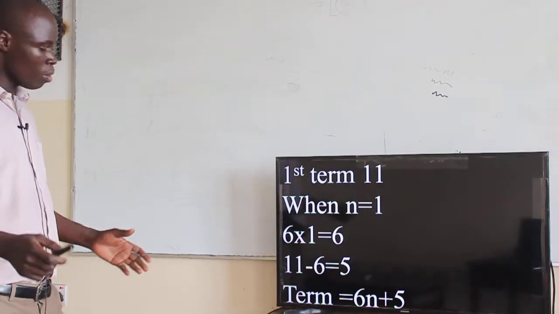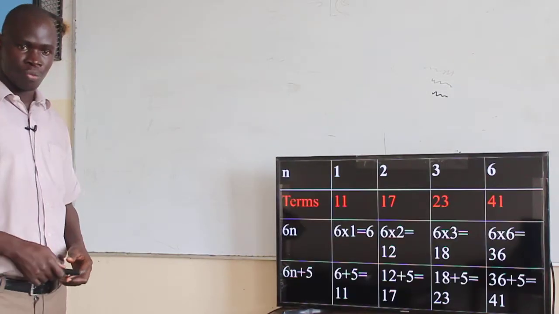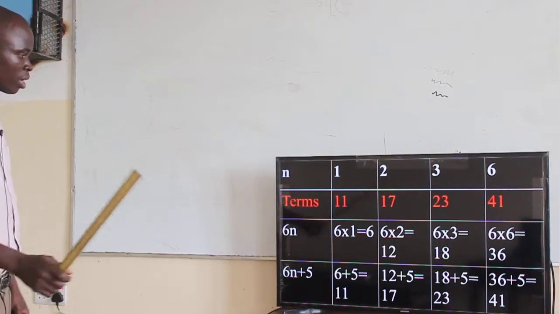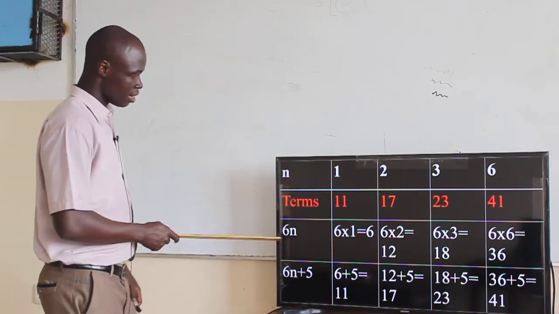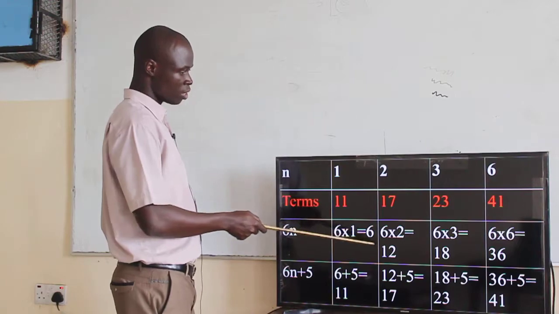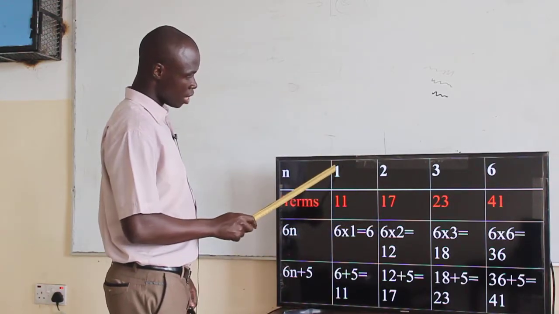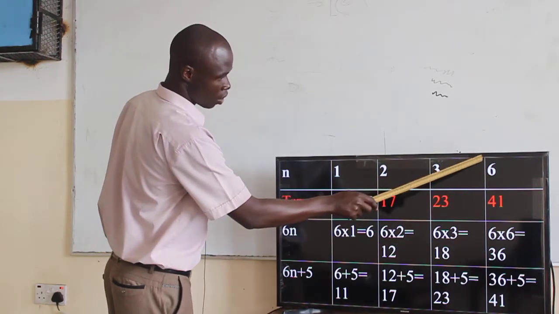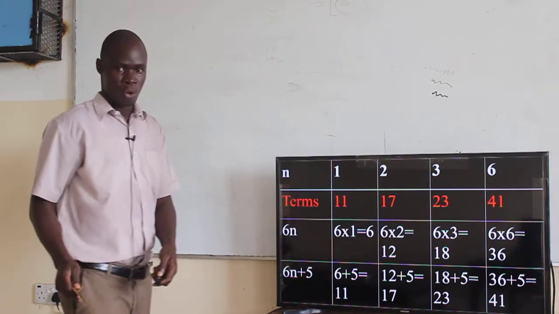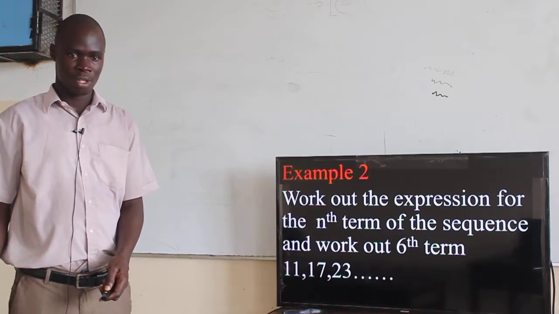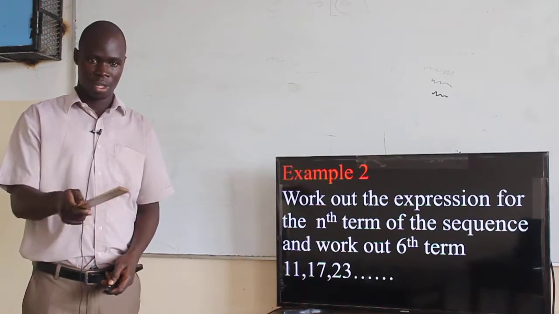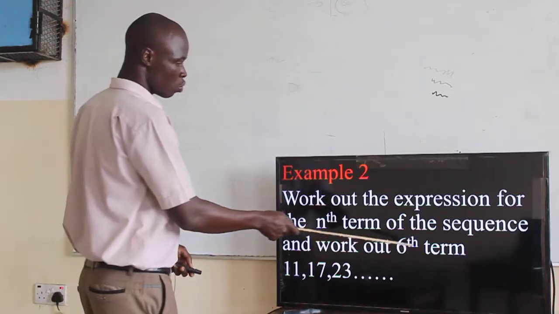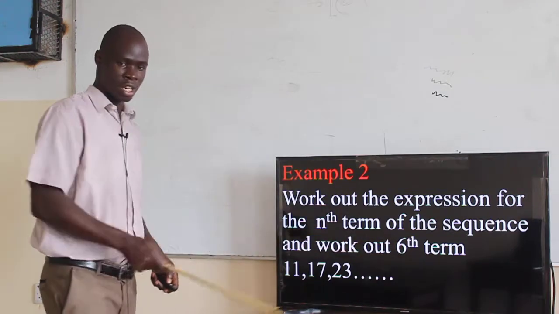So our term rule will be 6n plus 5. So we can calculate 6n here. These are the values for 6n when n is 1, when n is 2, when n is 3, and when n is 6, because in our instructions we are given when n is 6, the 6th term.